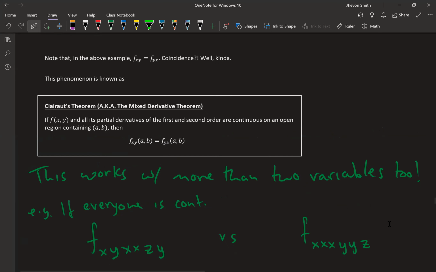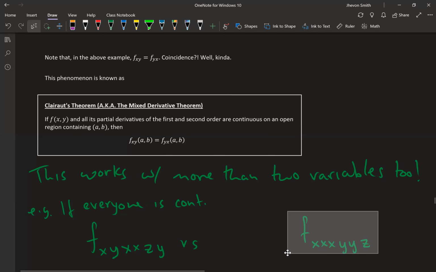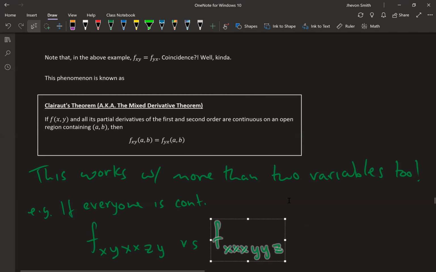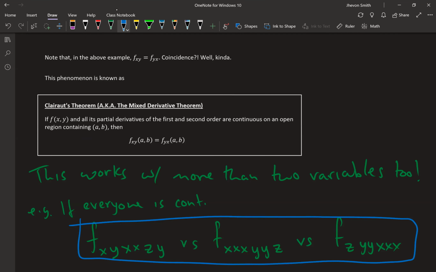Versus Jason, who says, no, here's what I would do: I want to go z first, then the 2 ys, then the 3 xs. And it turns out that these will all be the same. It doesn't matter how many variables there are or how many times you're doing it, all the same.